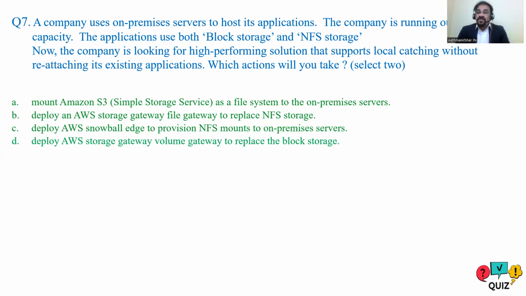So as per our requirement, yes, option B is the best choice between A and B. A will not work at all. So as of now, B is one correct answer.